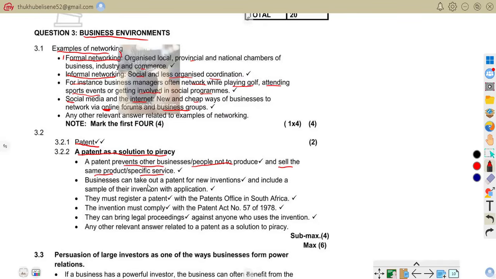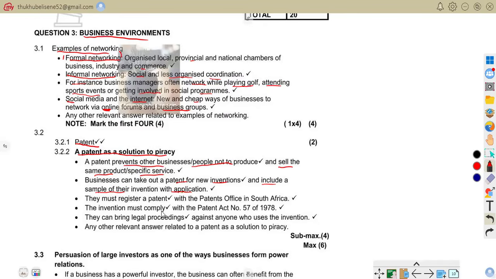Also, a business can take out a patent for new inventions and include a sample of the invention with the application. So here we are saying patents protect new inventions, meaning a business can patent original inventions to prevent copying. For example, a company patents a new water-saving device.